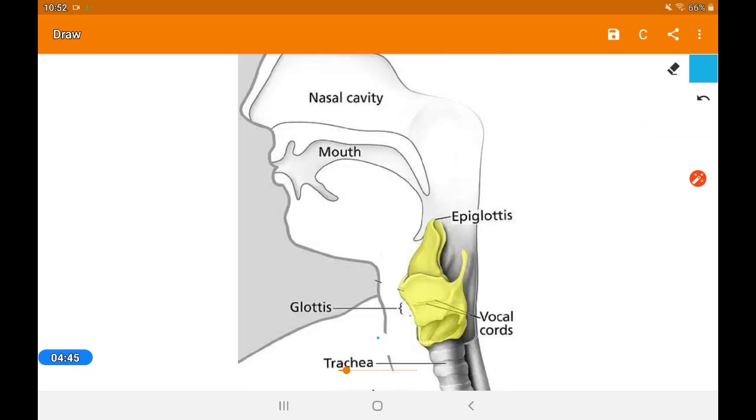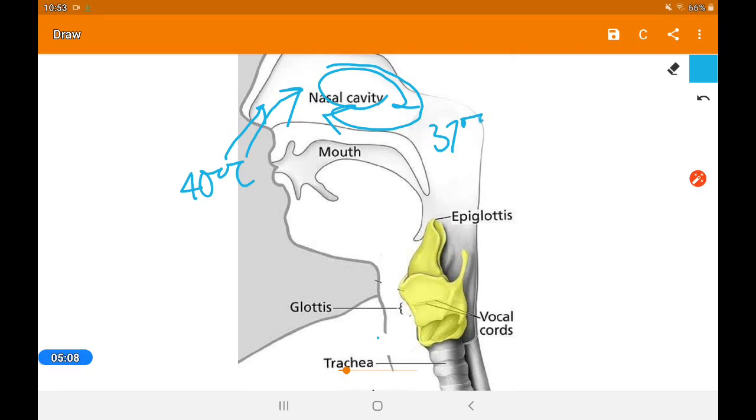I want to focus on these areas, that is the nasal cavity. You know that the nasal cavity plays a very important role. When air enters inside, whatever temperature it is, suppose it is 40 degrees Celsius, here in the nasal cavity it turns into 37 degrees Celsius and then enters inside.